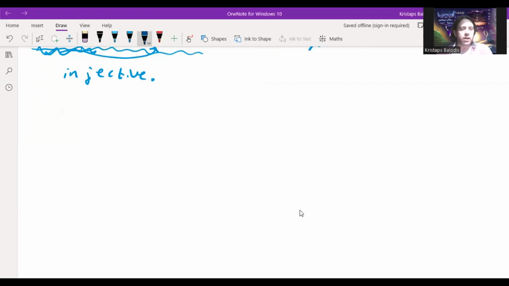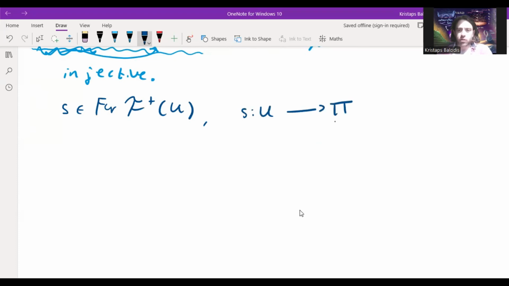Well, let's suppose now that I had some S that was in the sections over the open set here, right? So in particular, I've got some function, the usual thing, such that some properties, which I'm going to call upon in a moment.